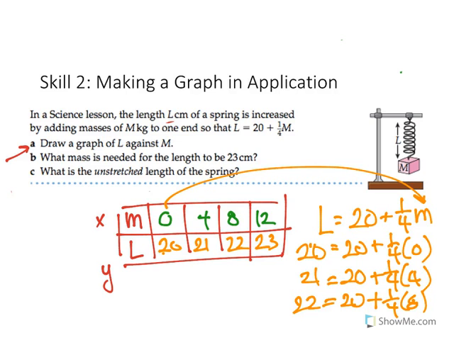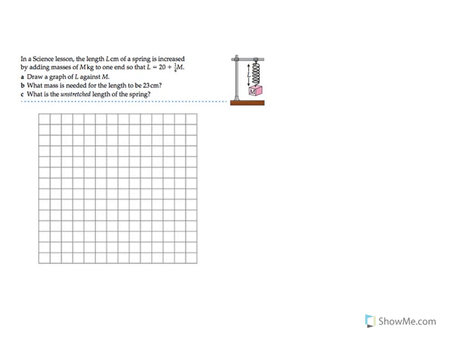So looking at your graph, your x values must start at 0 and they must at least go to 12. And your y values for your L must go at least to the number 23. So when you draw your axes, of course you would draw it much straighter than me.